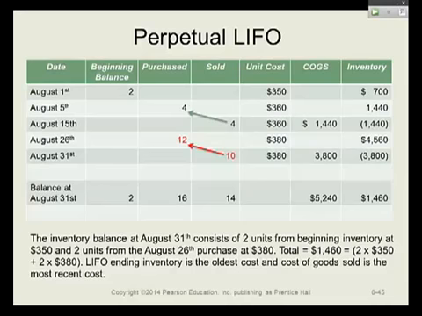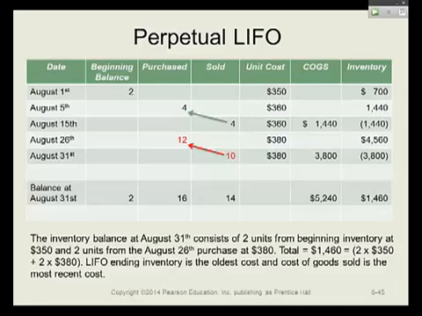Selling 10 units, where do they come from? They come from the most recent purchases. So you sell 10 at $380, and that becomes your cost of goods sold. Now again, your ending inventory of the 4 units, you still have the 2 left in beginning inventory, but you have 2 left at $380.